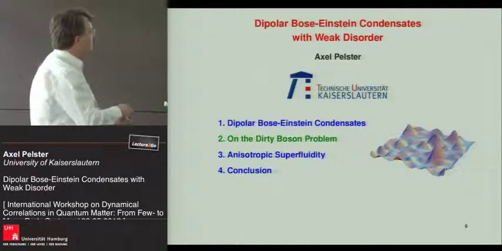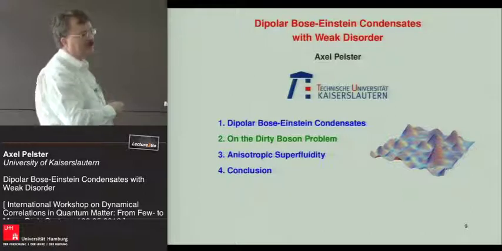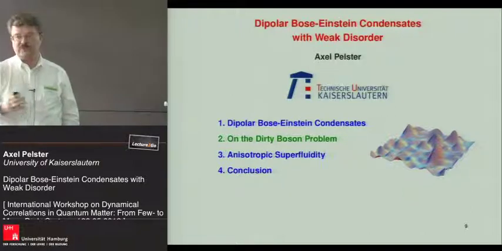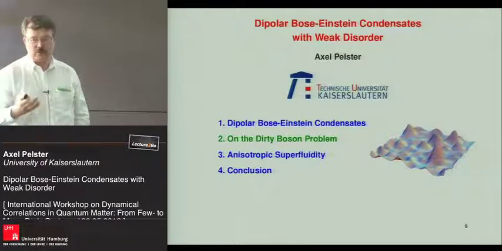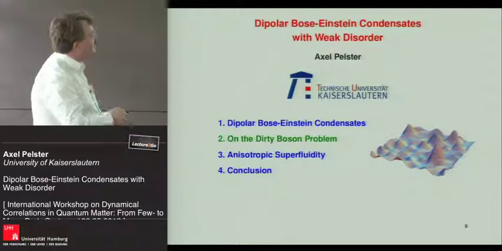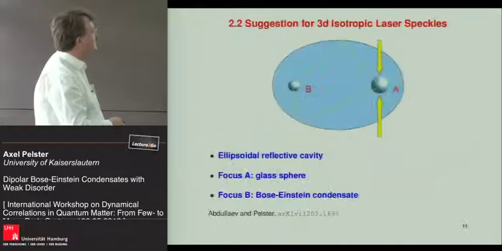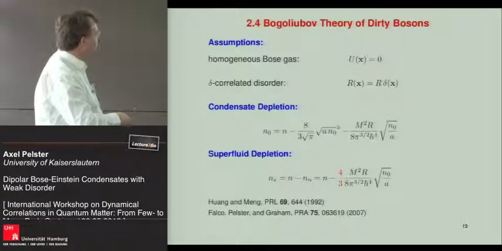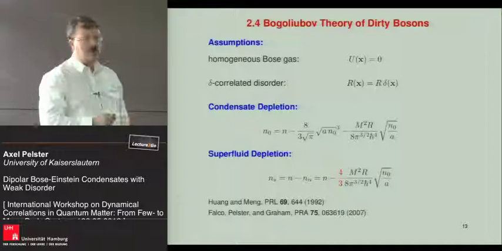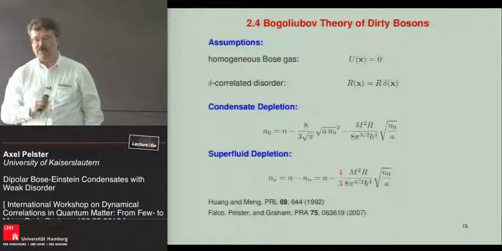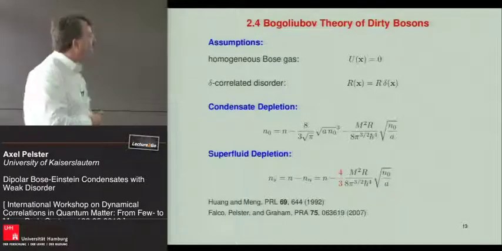And it is called the dirty boson problem because there are so many parameters involved. The whole phase diagram is not known because you have so many parameters. But in some particular parameter ranges, one can say something. And there has been now 20 years ago developed a Bogoliubov theory for dirty bosons by Huang and Meng.